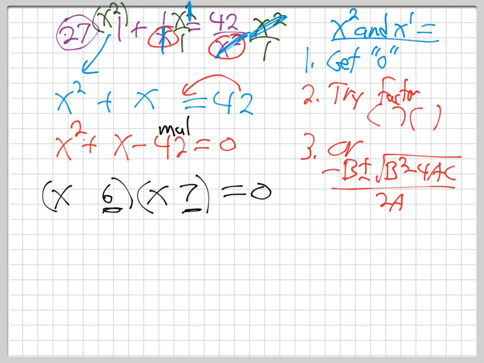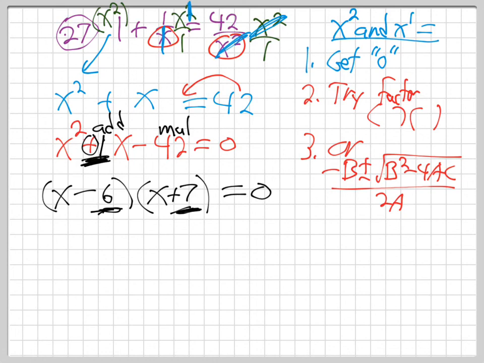But what signs? Remember, they have to add to be the middle. There's a plus 1. The sign in the middle goes on the bigger. The 7's bigger. Plus 7, then the 6 can go plus or minus. Either way, the bigger number has to take the sign in the middle. But the smaller number can be plus or minus depending on what's needed to make the middle. To make plus 1 in the middle, you need minus 6, right? Plus 7 minus 6 makes plus 1 in the middle.